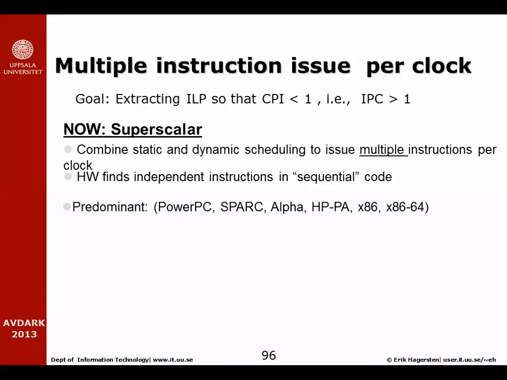It's up to the hardware to find which instructions can be executed at the same time. So even though we rely on the compiler to do a good job at finding independent instructions, it's the hardware's choice to decide which of them are allowed to execute at the same time. This superscalar trick is implemented in all the high-end processors around, and has been the case for a long time.